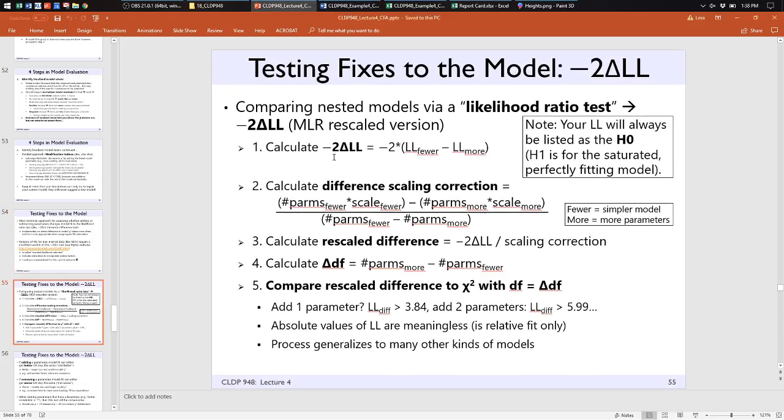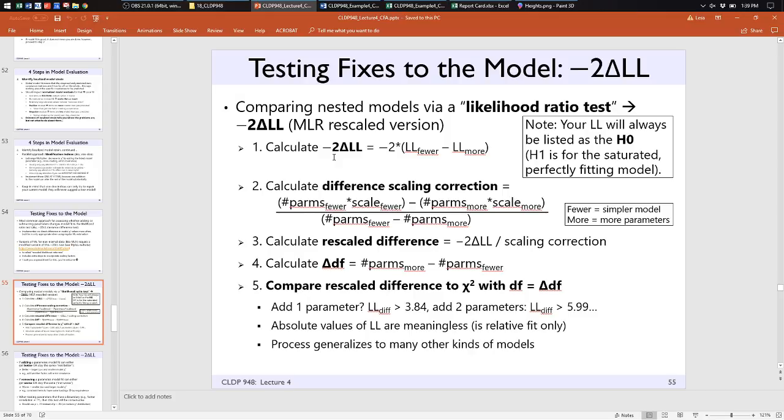So there's the formula. You can see why I decided to build a spreadsheet. I don't want to try and do this with a calculator, right? It's annoying. But the basic idea is that you have the difference in the log likelihoods as a function of the difference in parameters. So the difference follows a chi-square distribution when you multiply it by 2.